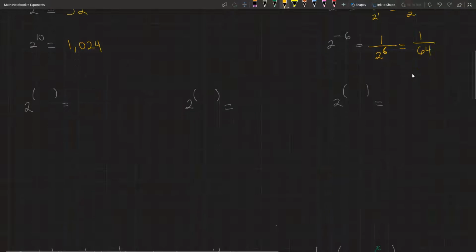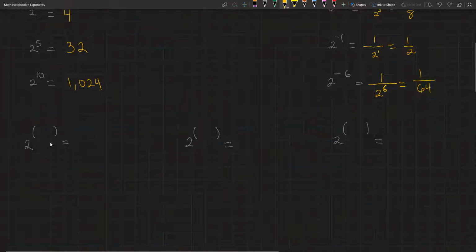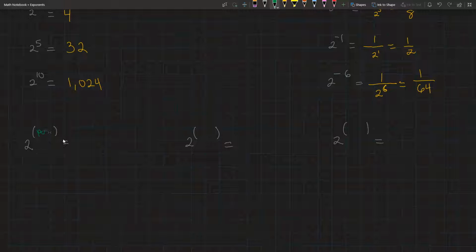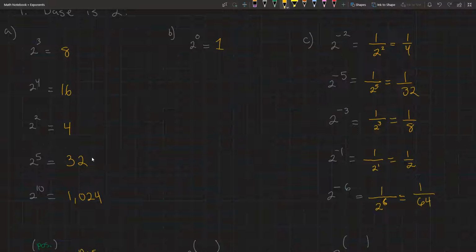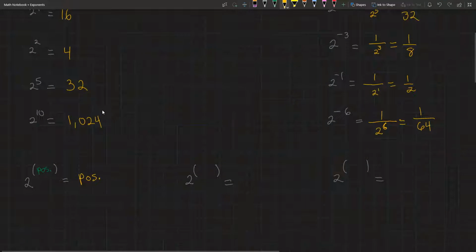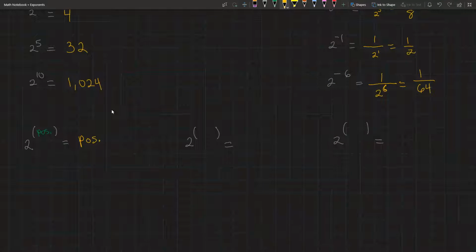And that's the main way we want to think about this. What is happening to the y value when the exponent, I want you to think of it as the exponent in green. When the exponent is positive, 2 to the positive becomes some positive y value. But remember, as the exponent gets larger and larger, the y value seems to be growing by a lot without bound.